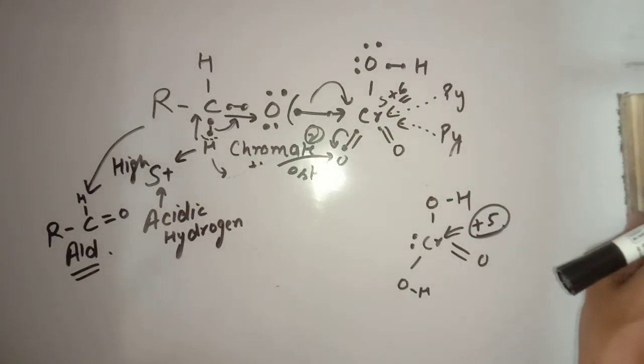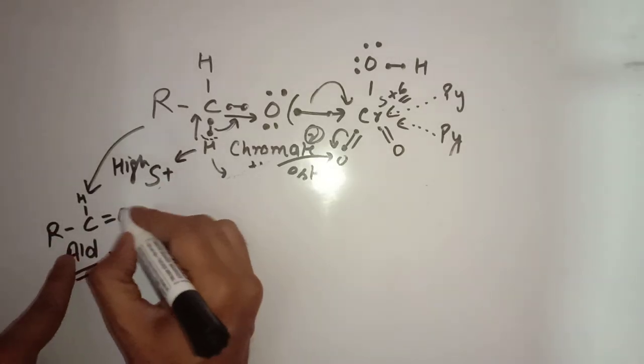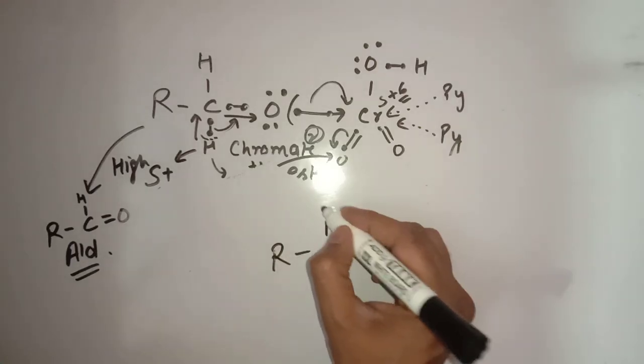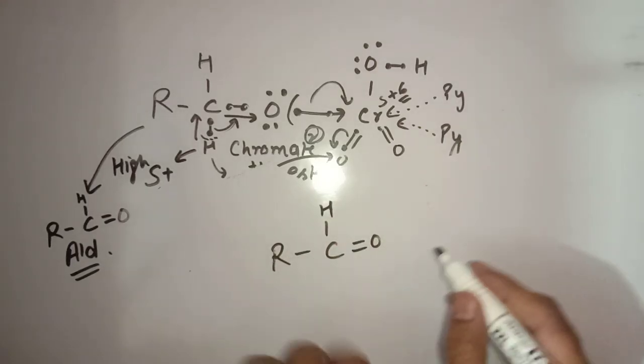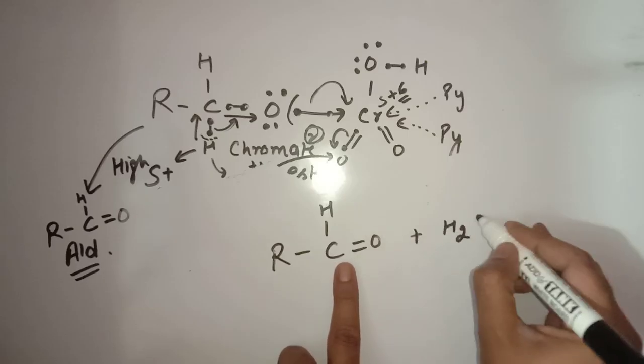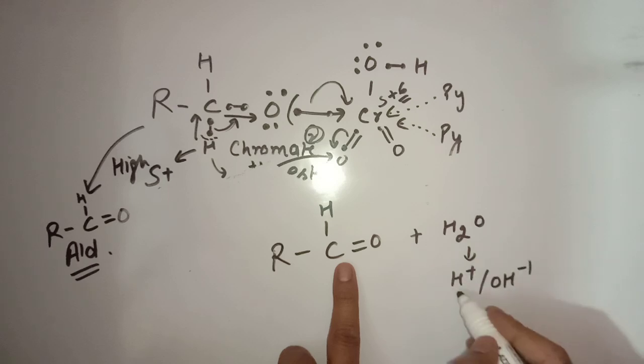Aldehyde is generated. Now can aldehyde be further oxidized by this reagent? We know in previous videos we got that information. For aldehydic oxidation, firstly it needs to react with water to create hydrate aldehydes.